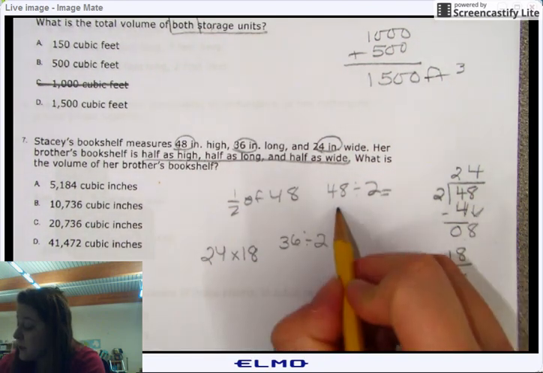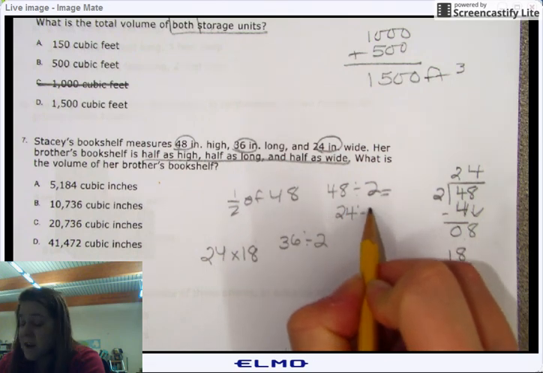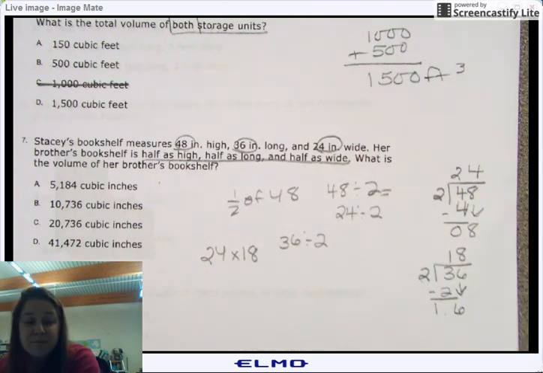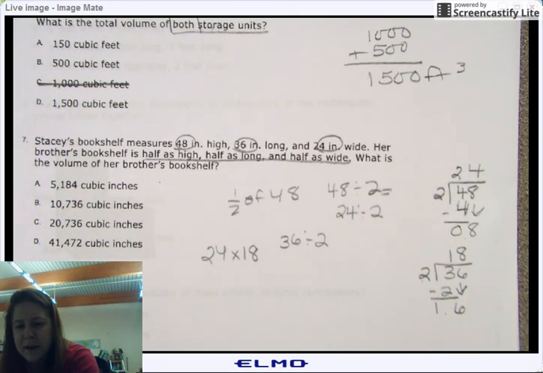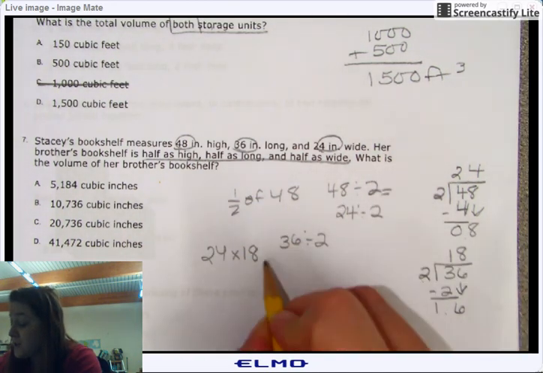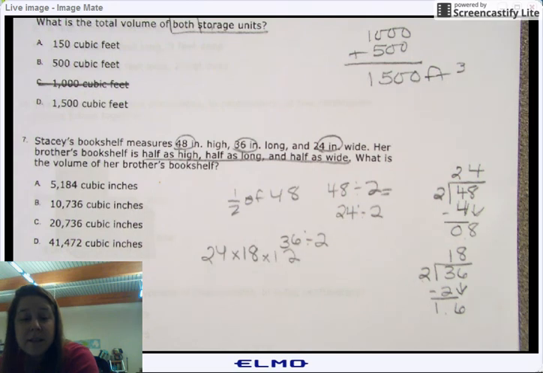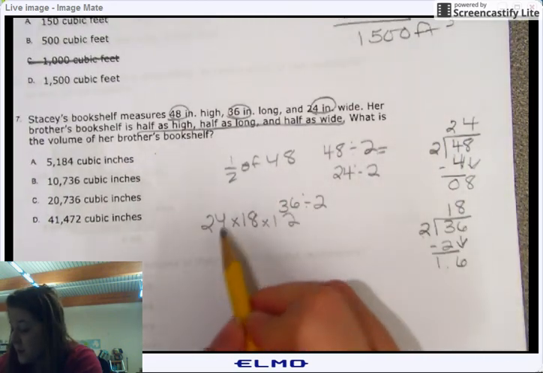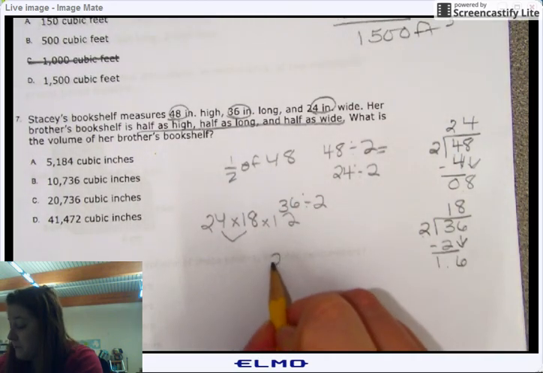And then I'm taking 24 and I'm going to divide that one by 2. I know in my head what 24 divided by 2 is, but I'm going to give you a moment to write it down. And you should have gotten 12. So now we're going to multiply. I'm going to just do 24 times 18.